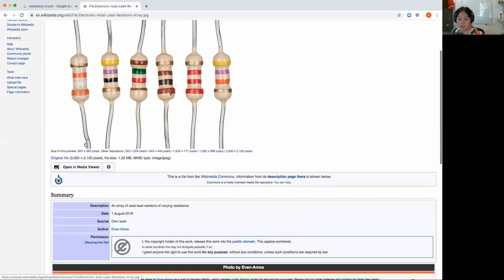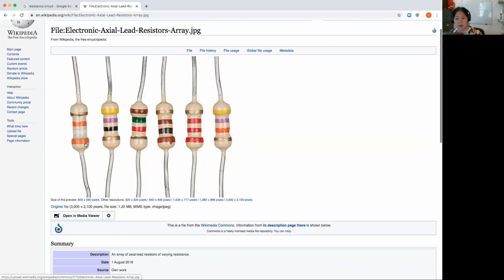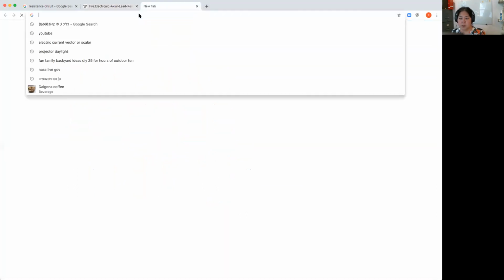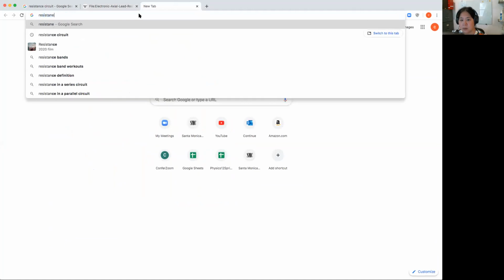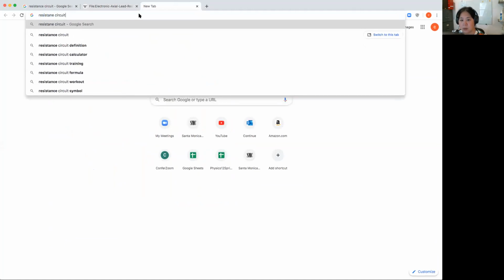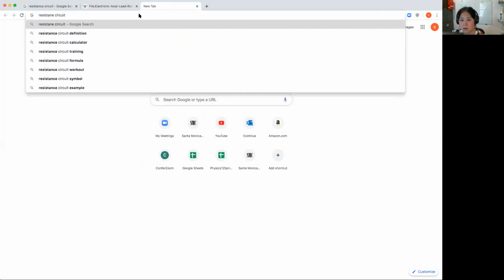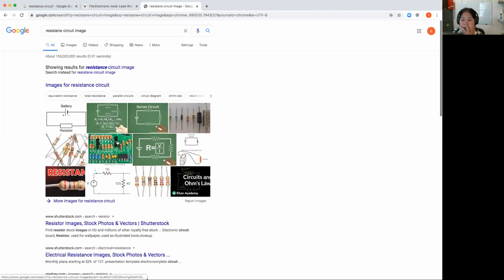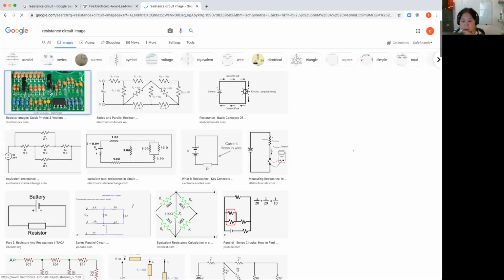So if you memorize the color coding, you can just look at this device and say, okay, this is 275 ohm or 275 kilo ohm. Yeah, so it looks something like this in a circuit board.